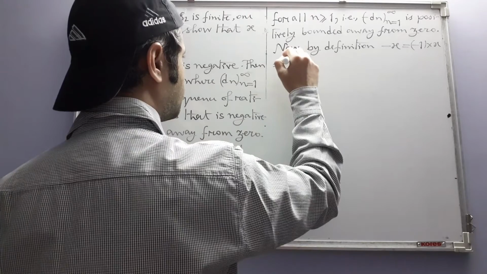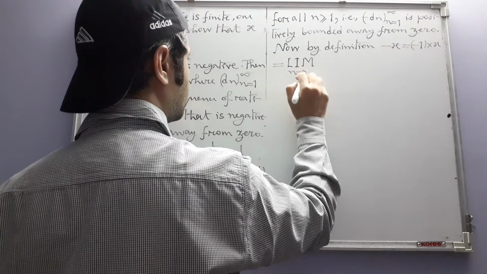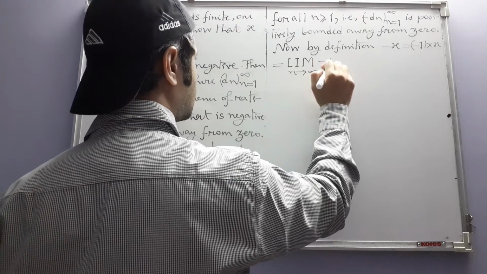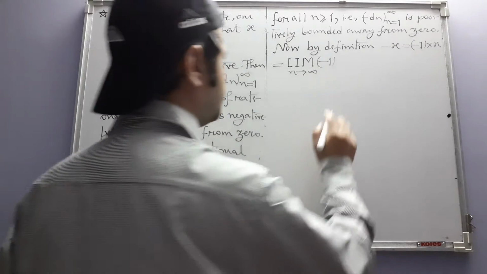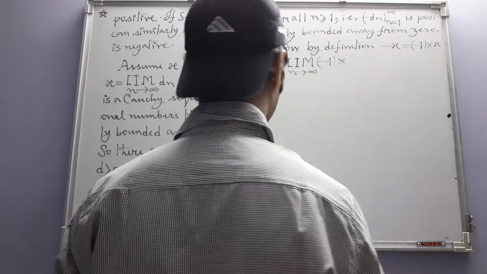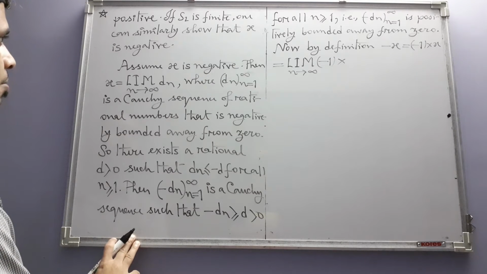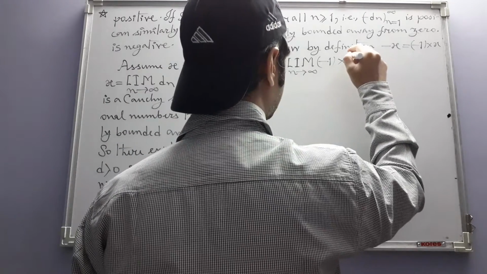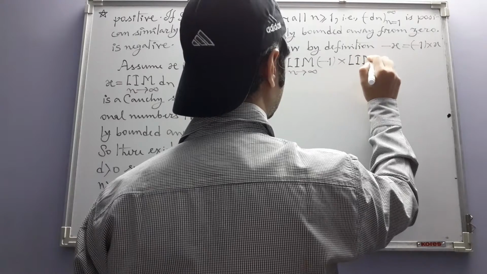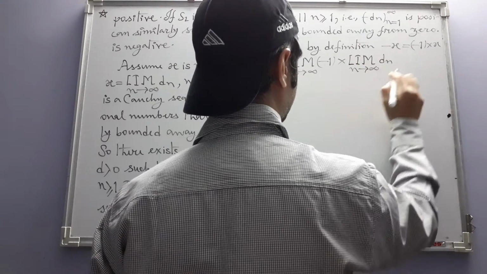Minus 1 is the formal limit of the sequence of rational numbers all of whose terms are equal to minus 1, and for x we have this formal limit of d_n.